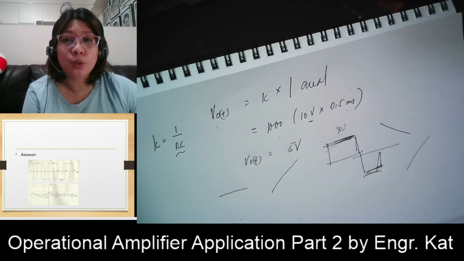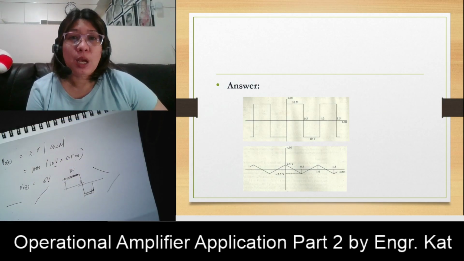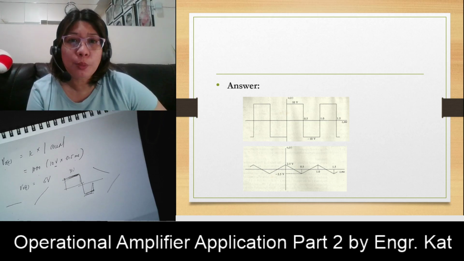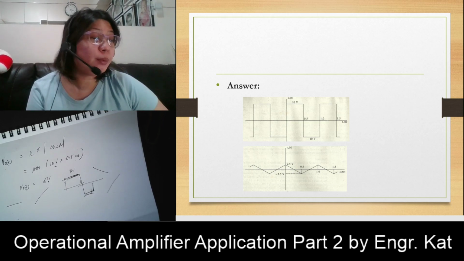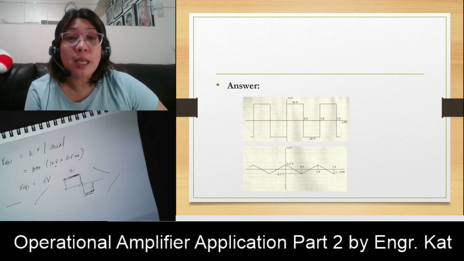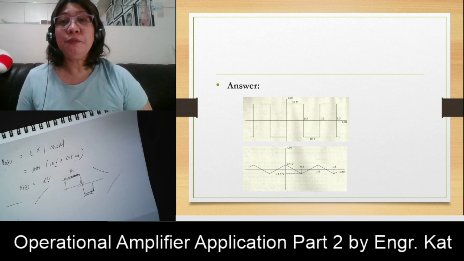For positive 10 volts, we have a negative going ramp here, and for negative 10 volts, we have a positive going ramp here. And our output is 5 volts peak to peak, so we have from 2.5 to negative 2.5, so that we can have a peak-to-peak value of 5 volts.